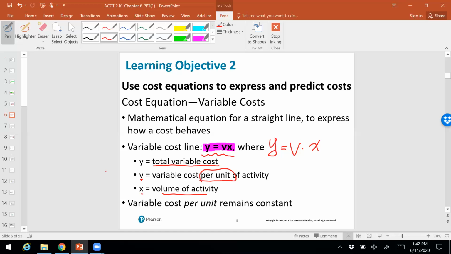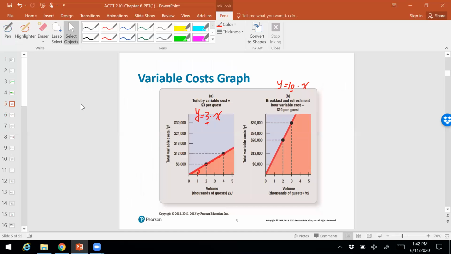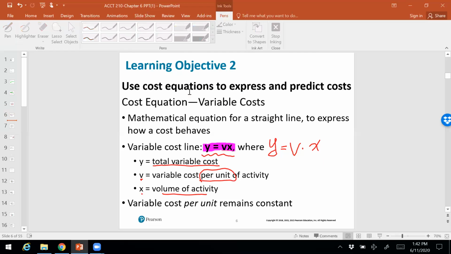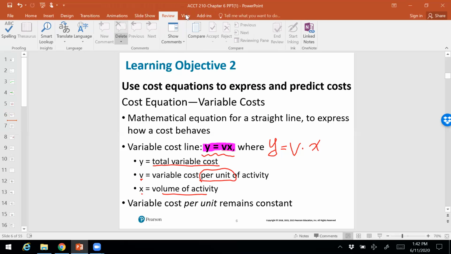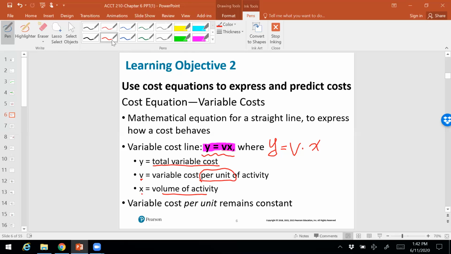Remember, if we use this example, I'll just use the first one. Y equals 3 times x.